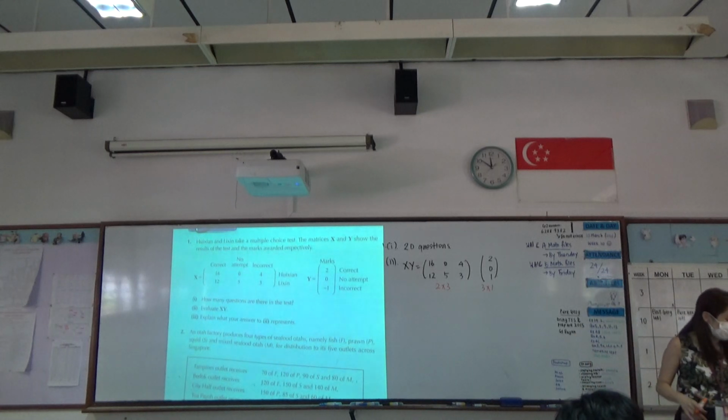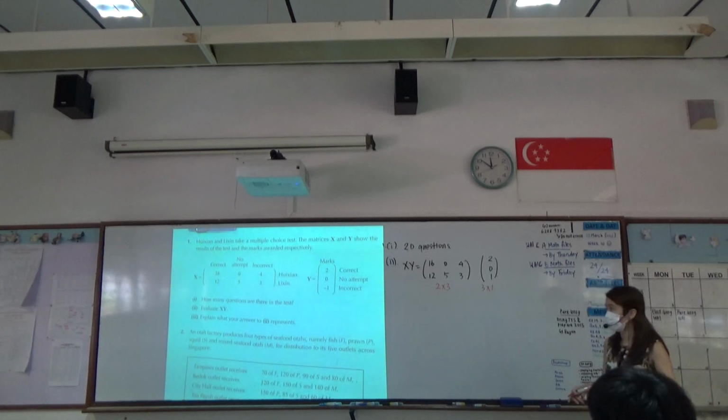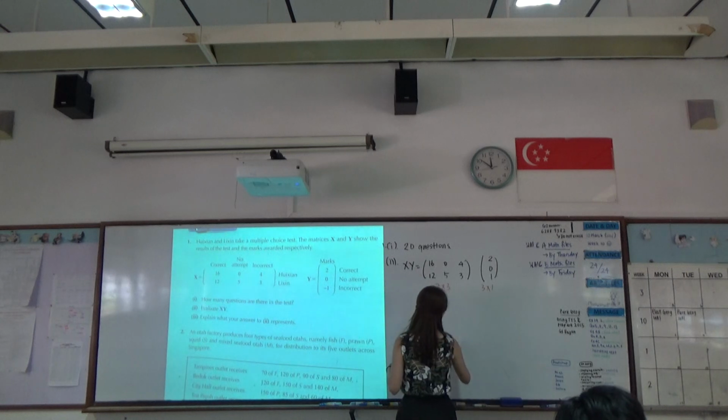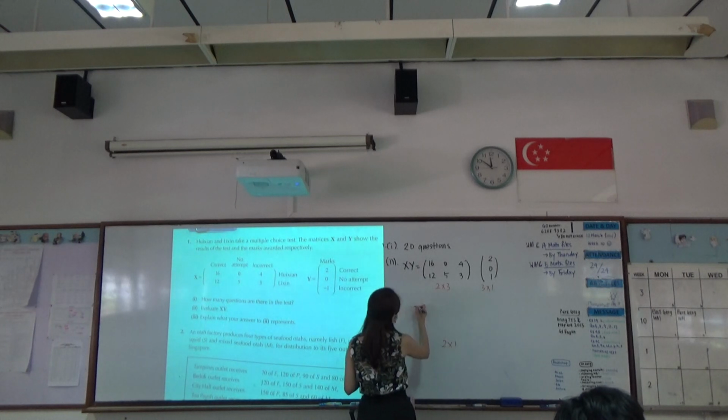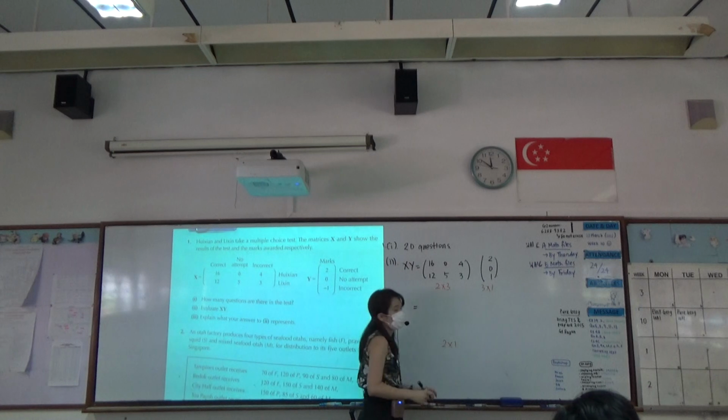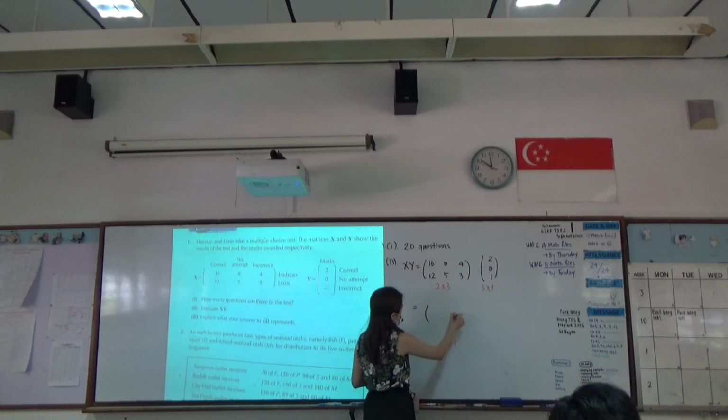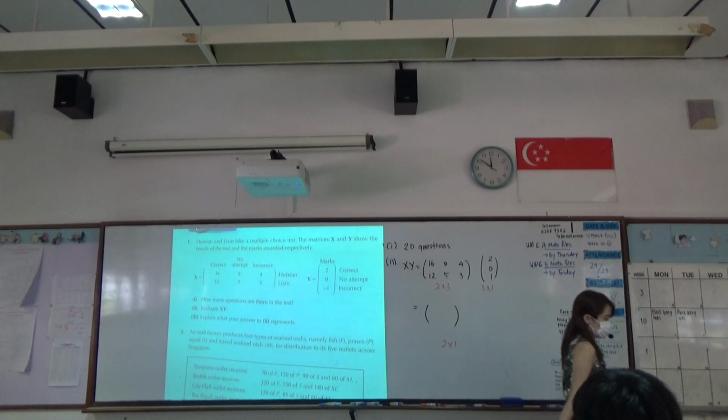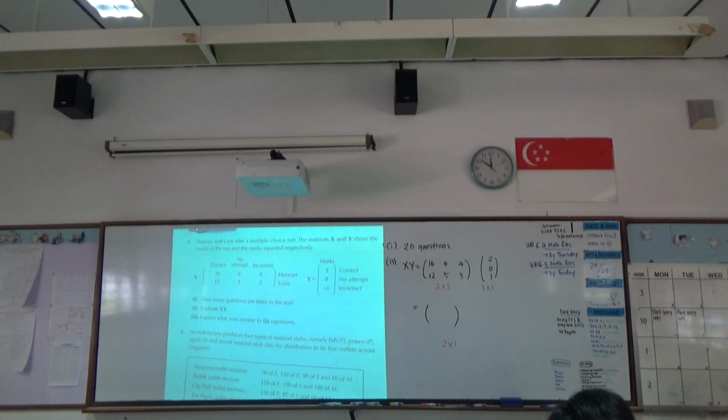Answer? 2 by 1. So could you do this matrix multiplication and figure out what this matrix is going to be? I'll give you just a minute to do that.